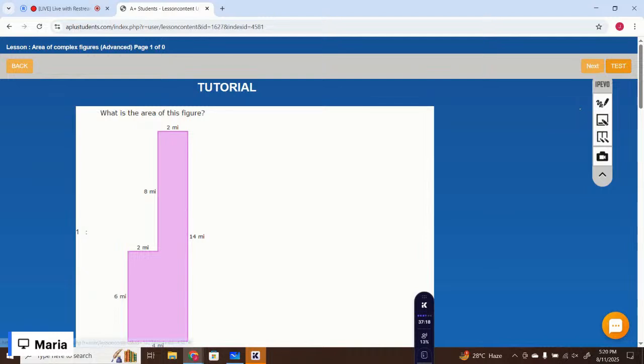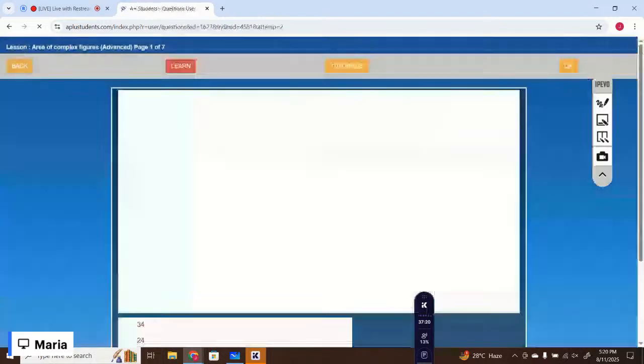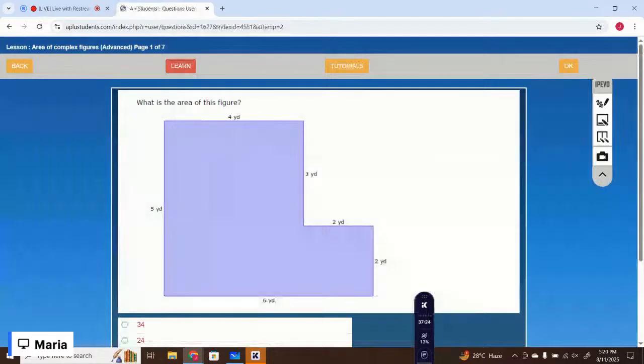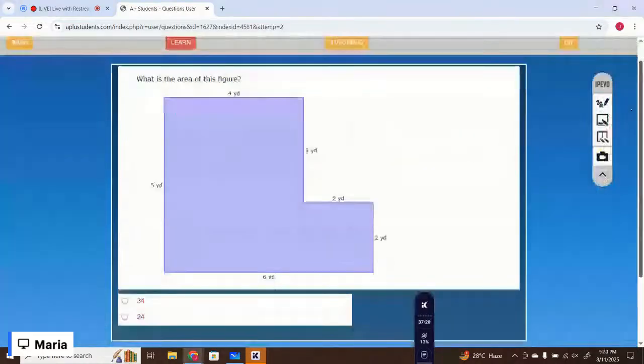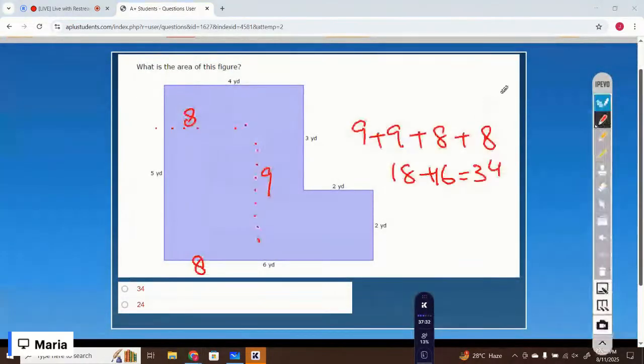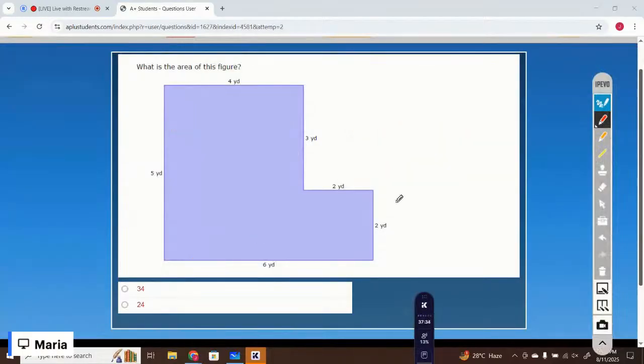Let's just start with the test questions. What is the area of this figure? So let's just divide this complex figure into two smaller figures. Calculate the areas of these two smaller figures and then add them.